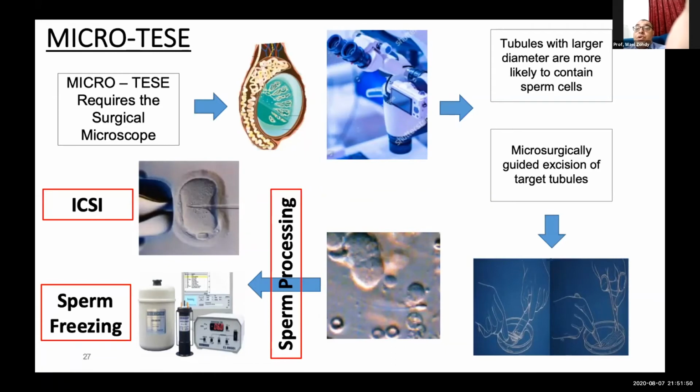The harvested tissues are minced mechanically, and we look for sperm cells under the inverted microscope, and then we do sperm processing. We treat the tissues with erythrocyte lysing buffer or enzymatic digestion, and the sperm cells are either injected, ICSI, on the same day, or frozen for later use after ovarian stimulation. Next.